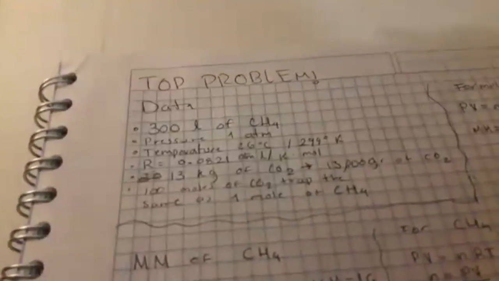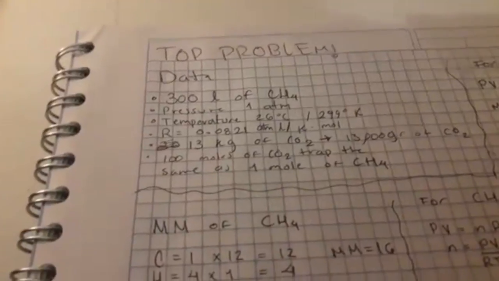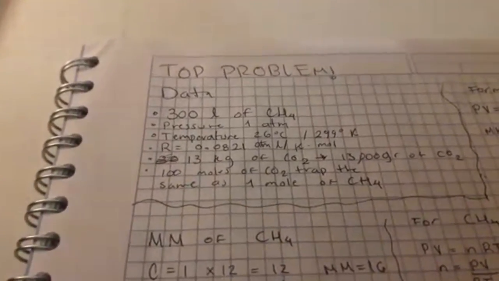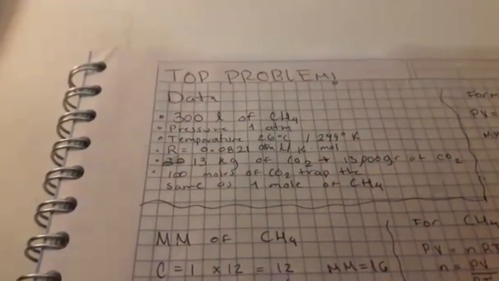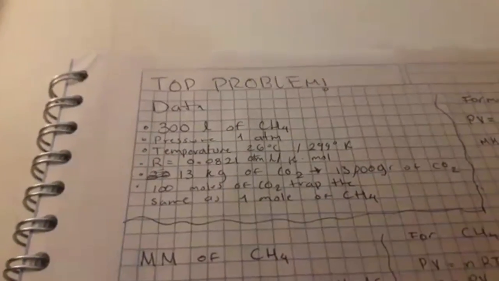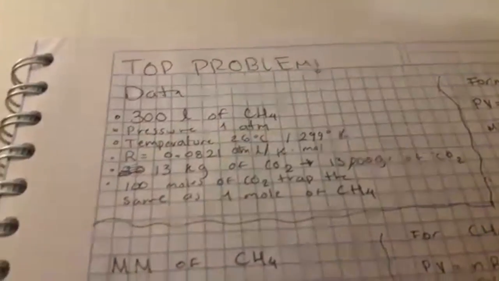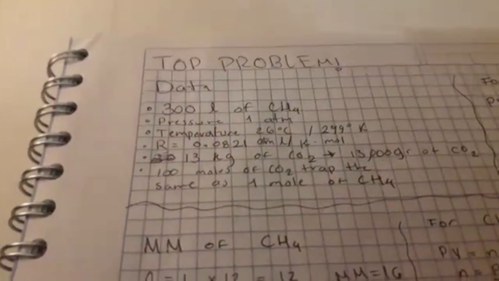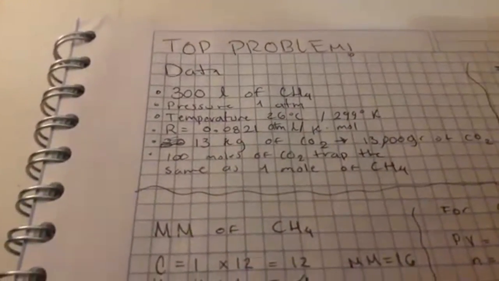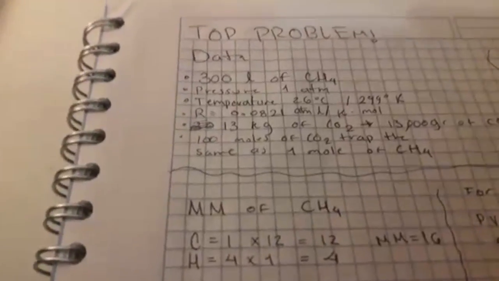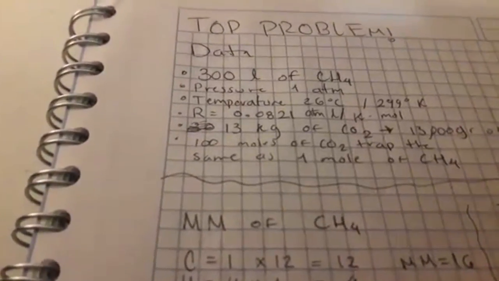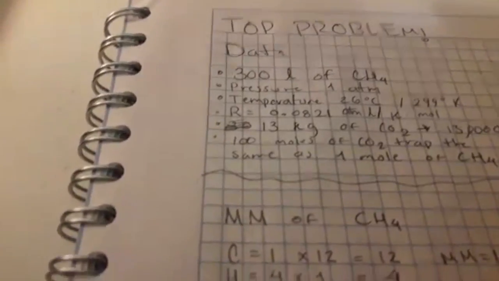Okay, here I am analyzing the 12th problem. I will read it. Cows are known for their methane production. It is estimated that a cow is able to produce over 300 liters of CH4, which is methane, per day. And then we know that a car generates daily 13 kilograms of CO2.